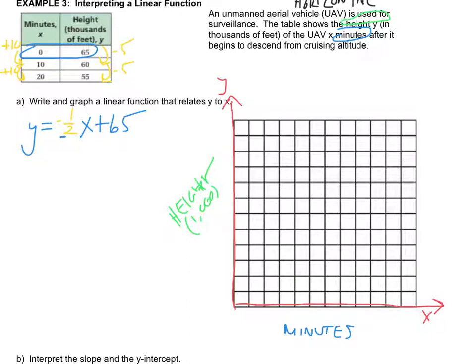Okay? So then we want to look at what our scales are going to look like. I have to get to 20 for the minutes, and I have to get to 65 for the y-axis. On the minutes, I think if I went by twos, we'll make it. And remember, I don't need the same scale for my y's.